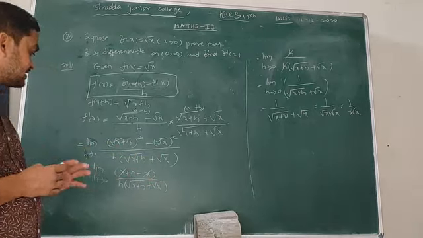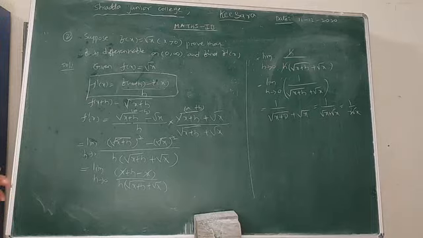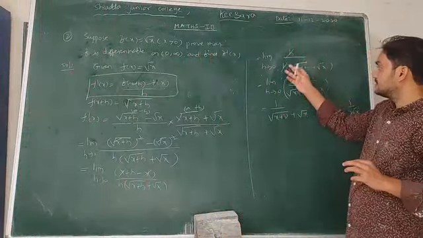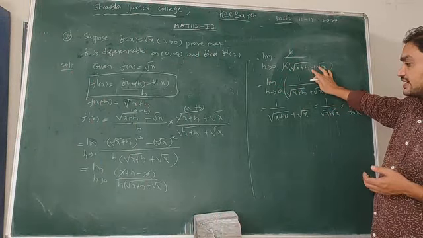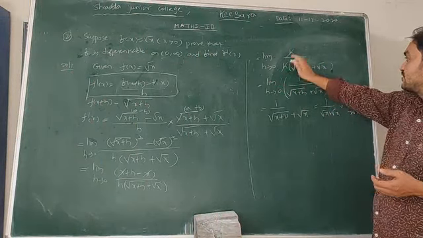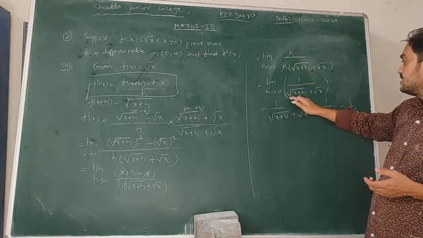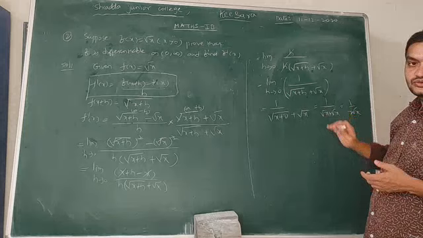Here plus x minus x gets cancelled. So what we are getting here? Limit h tends to 0, h by h into root x plus h plus root x. Now h gets cancelled. Limit h tends to 0, 1 by root x plus h plus root x.